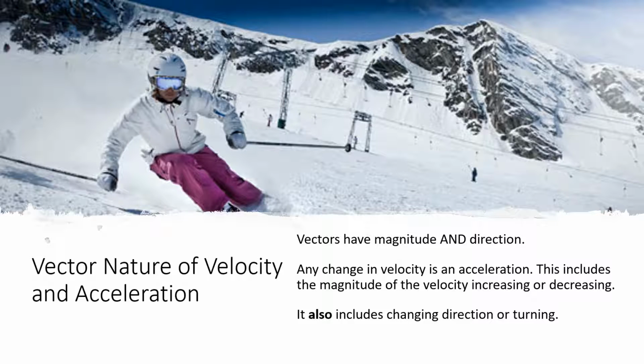Usually if you're turning on a freeway, you might feel a pull as you're accelerating into that turn. That's because you're changing your velocity. So even if the magnitude of your speed remains constant, turning around in a car is changing your velocity because you're changing the direction of the velocity. So spinning around in a circle, even if you maintain a constant speed, is an acceleration because you are changing the direction of the vector.